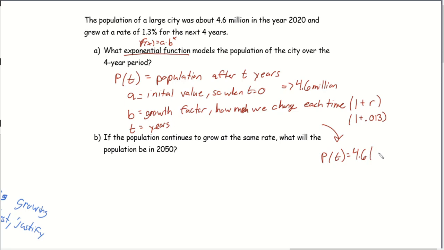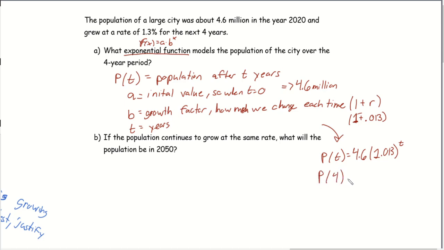And then, what is my growth factor? What is b if I add these two together? 1.013. Yes. And I have t for time. t is how many years? So we're looking at 4 years.